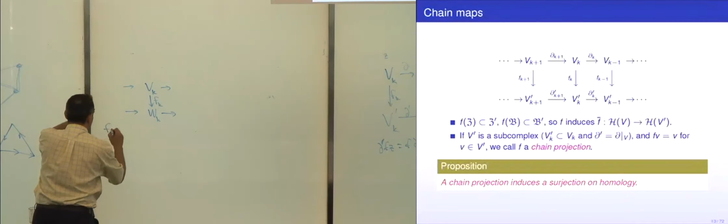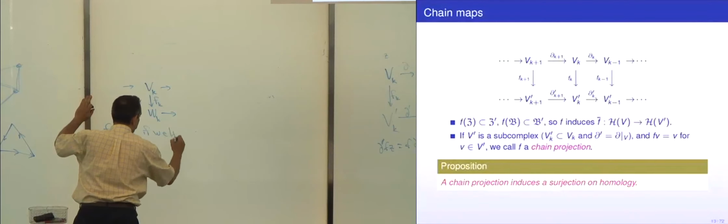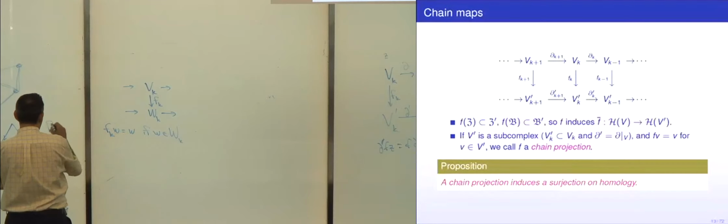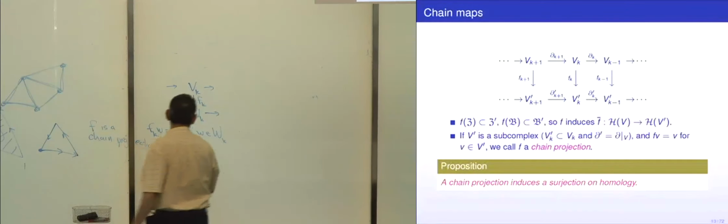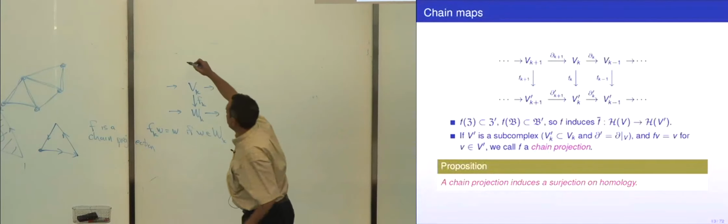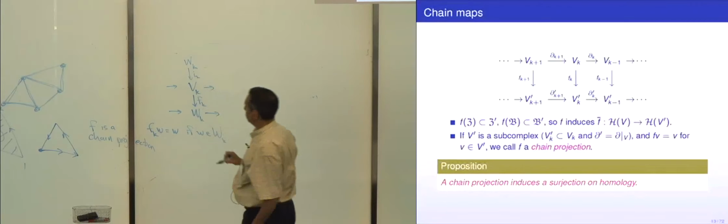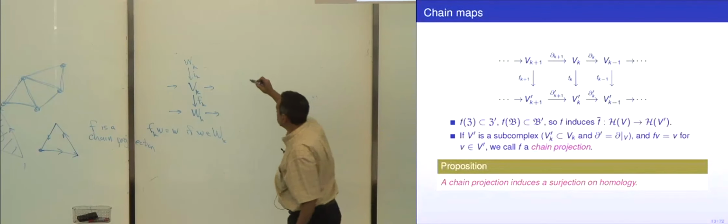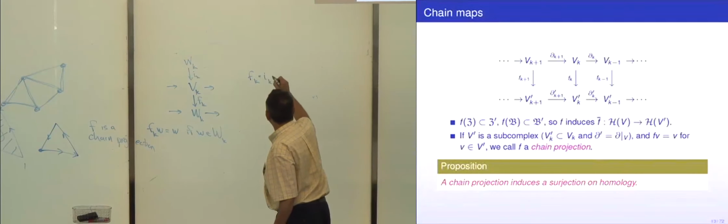So that means Fk of W is equal to W if W is in WK. So F is a chain map, but also a projection. So it's a chain projection. Well, I could also write WK up here and put the inclusion map here. And of course, inclusion followed by projection is equal to the identity.